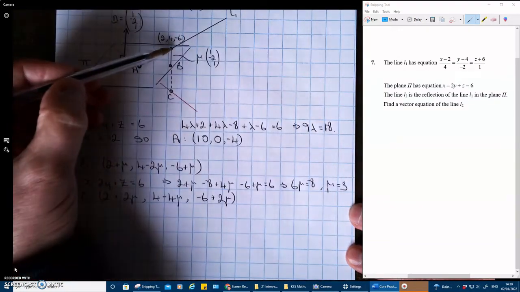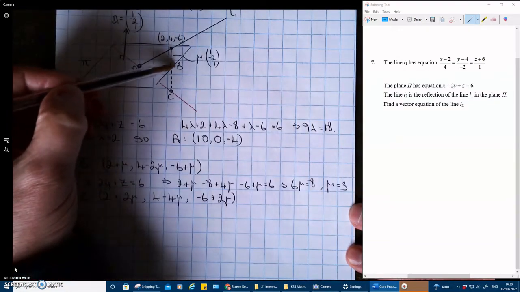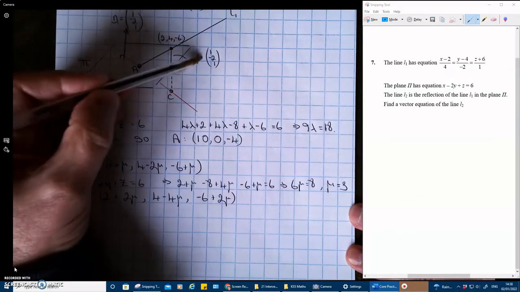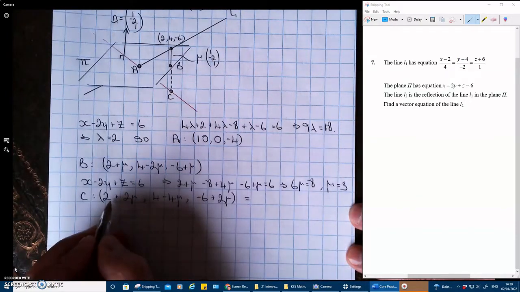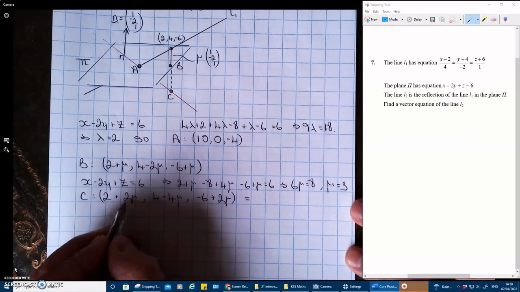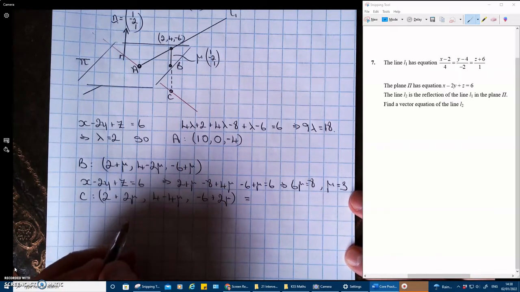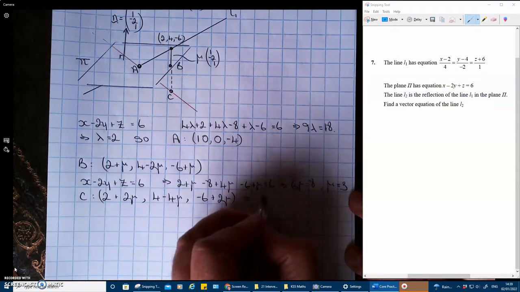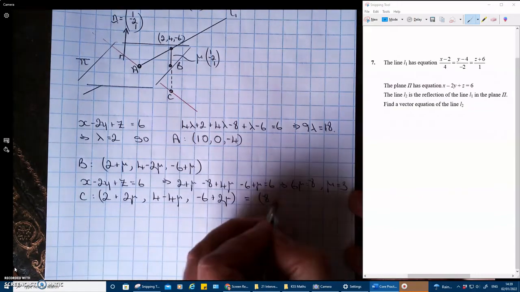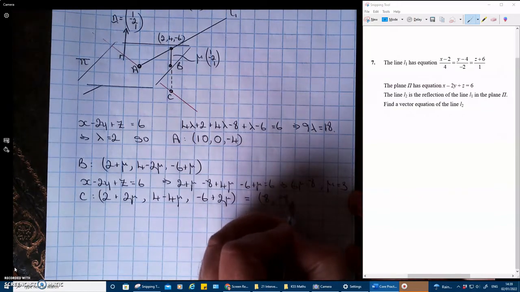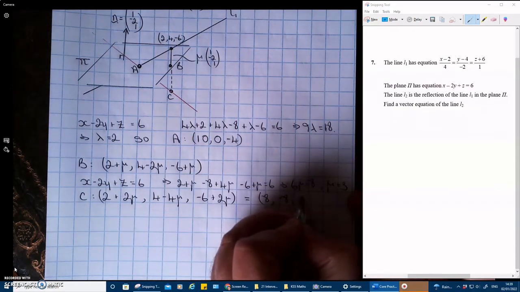Okay, because I'm going mu lots to get to here, so 2 mu lots to get to here, so I'm going to double it. And I know what mu is now, so I can just put it in. 2 plus 2 mu is 8. That becomes minus 8, and the z value is 0.